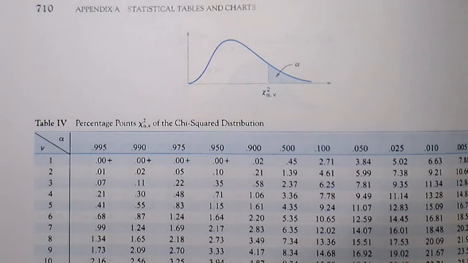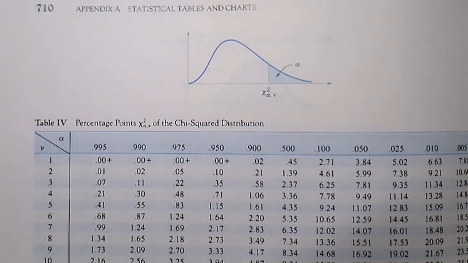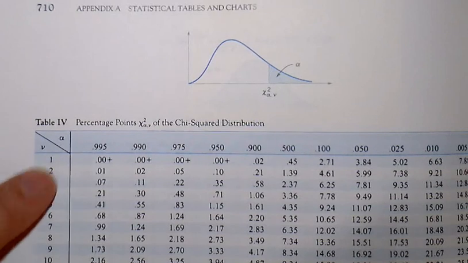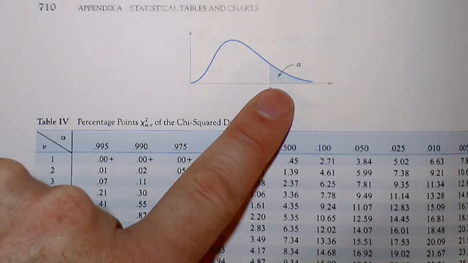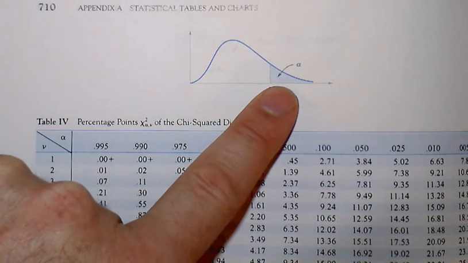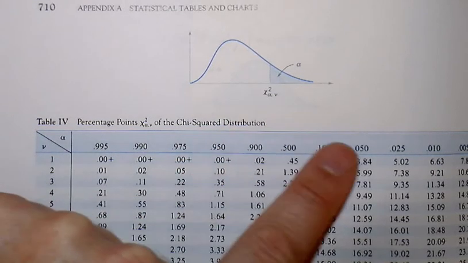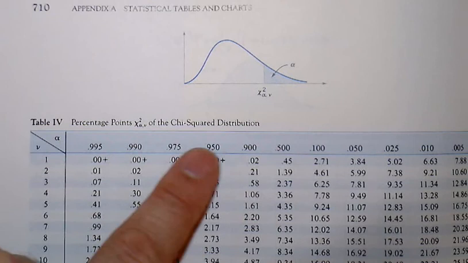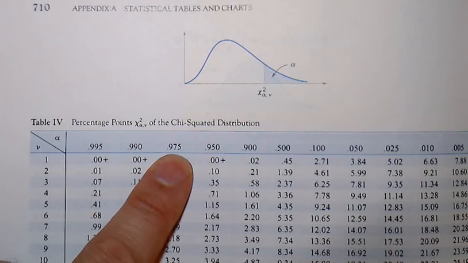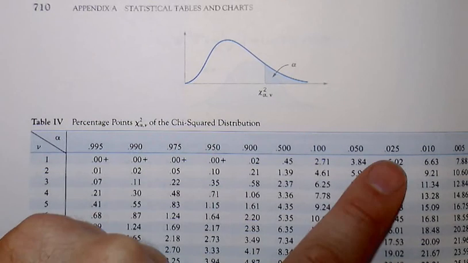That's a critical thing in how we read this. We still have nu as our degrees of freedom, and there's our alpha value. For a two-sided 95% confidence interval, that number is going to be 0.025. So we're going to come over to 0.025 to the right of that number. We also had one that was going to be 0.975 to the right. We cannot use just the plus or minus values here.